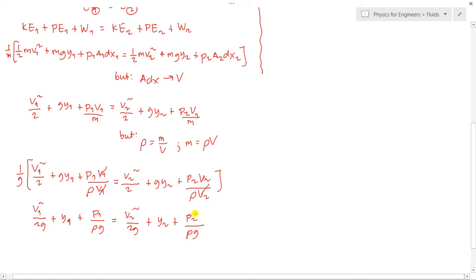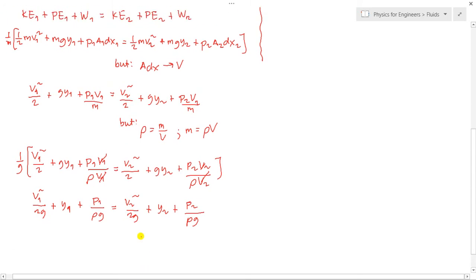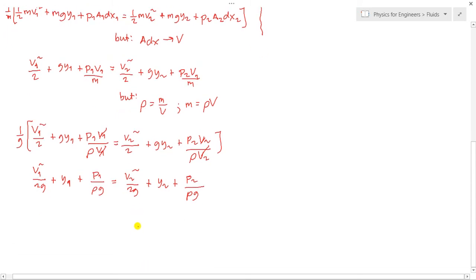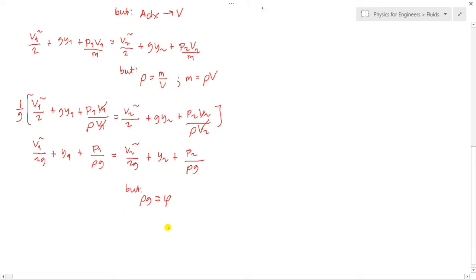Okay class, as you remember, what is density times gravity? Density times gravity is equal to the specific weight of the fluid.